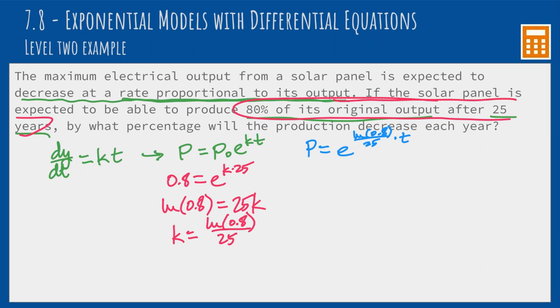So t is going to be 1 because we're looking at each year. So I'm just going to look at what it is after the first year.